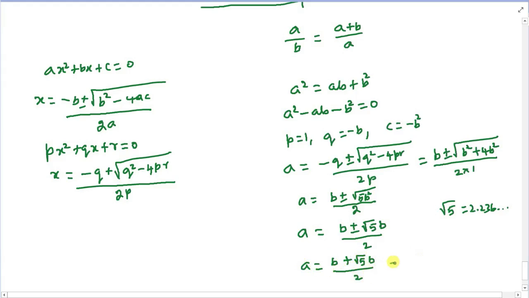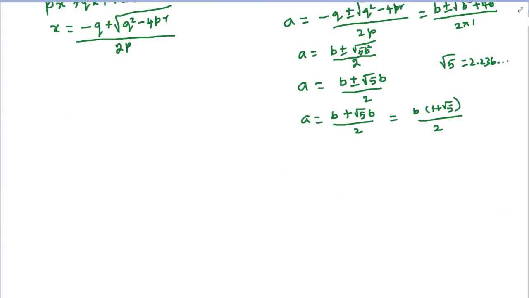I can take B as common, 1 plus root 5 by 2. Now I bring this B to the left side, so A by B is equal to 1 plus root 5 by 2.